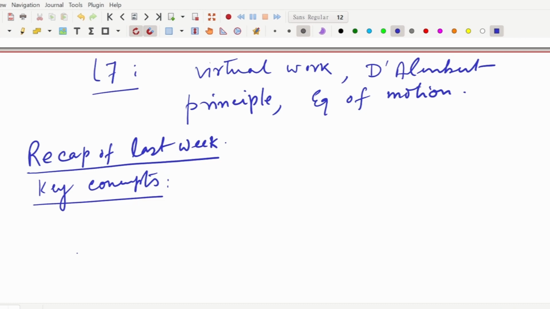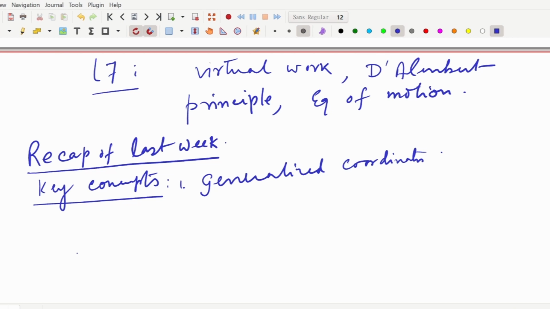Now I'll go in reverse order. We have learned generalized coordinates, because if you have a constraint in the system, then all variables are not independent.